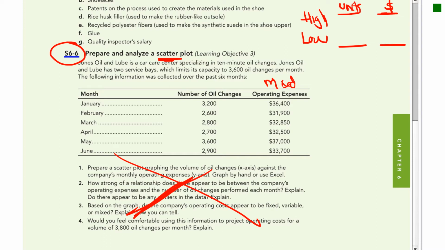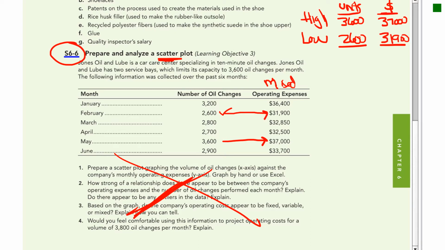So the two rows, high and low. All you have to do is identify, in this case, the units, which is oil changes. If I look for the highest number, it looks like it's 3,600, and the cost that goes with that is $37,000. For the low data point, pick the low number, which is 2,600, and at 2,600 you get $31,900.